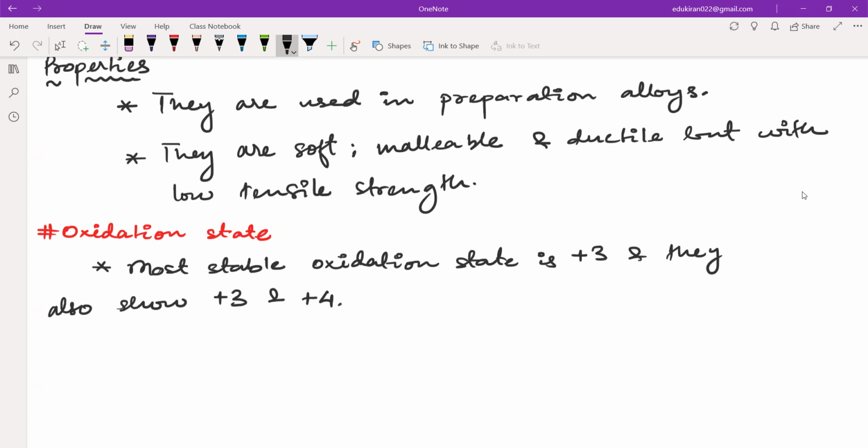Now, these are observations. Why do they show +2 and +4? Why do they show +3 mostly? Why is it the most common oxidation state, I will say most common, not stable.